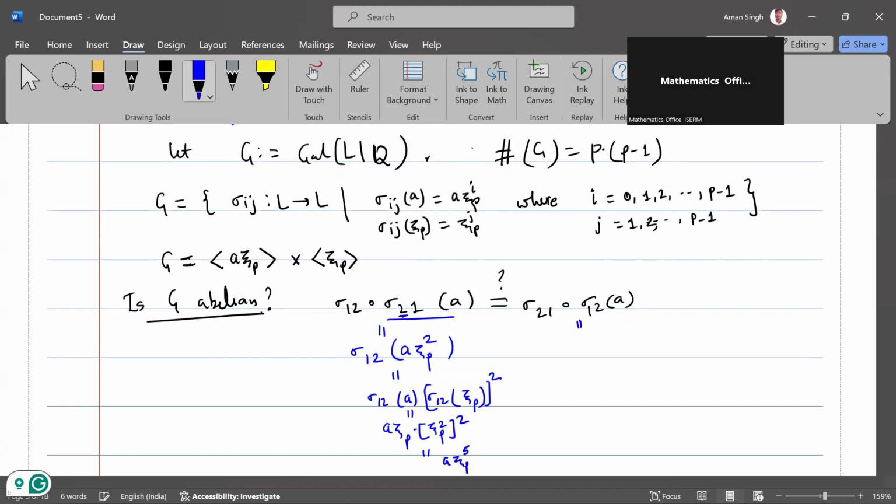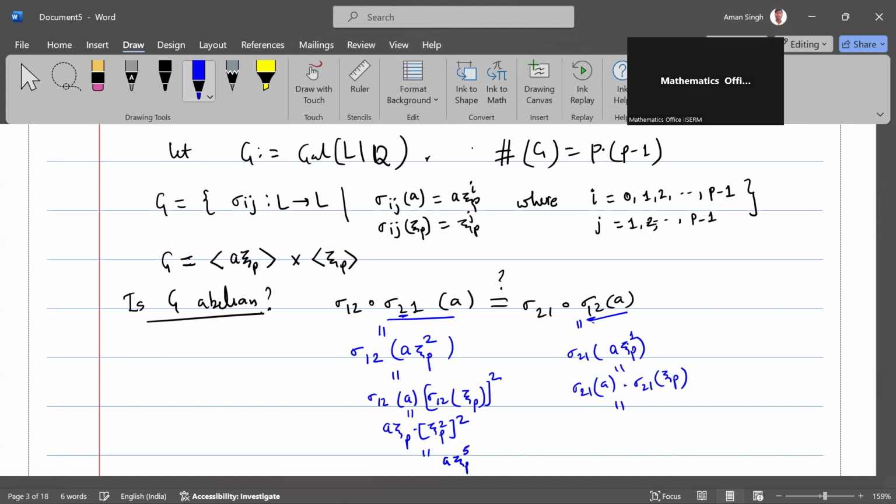And on this side, applying sigma 1 2 on A, this becomes sigma 2 1 of A into zeta P. 1 is here, so zeta power 1 here. Now sigma 2 1 of A into sigma 2 1 of zeta P, right?